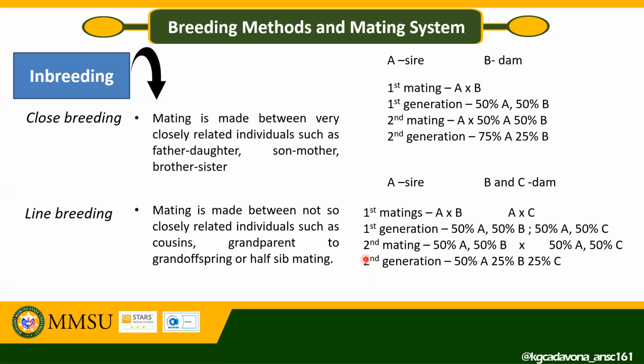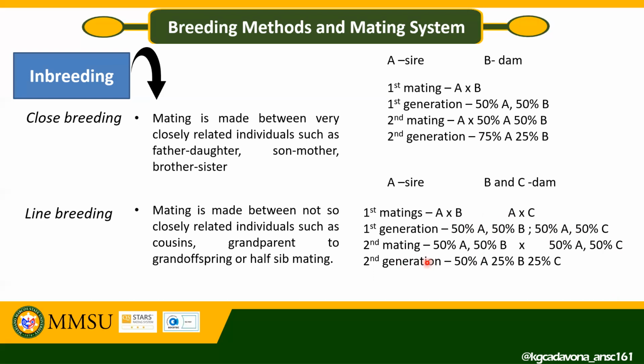So through this example that I have provided, A is the sire and B and C are the female parents. In the first matings, we have the mating of A and B and then A and C. So the first generation would be 50-50 from the first mating and 50-50 also from the other mating.